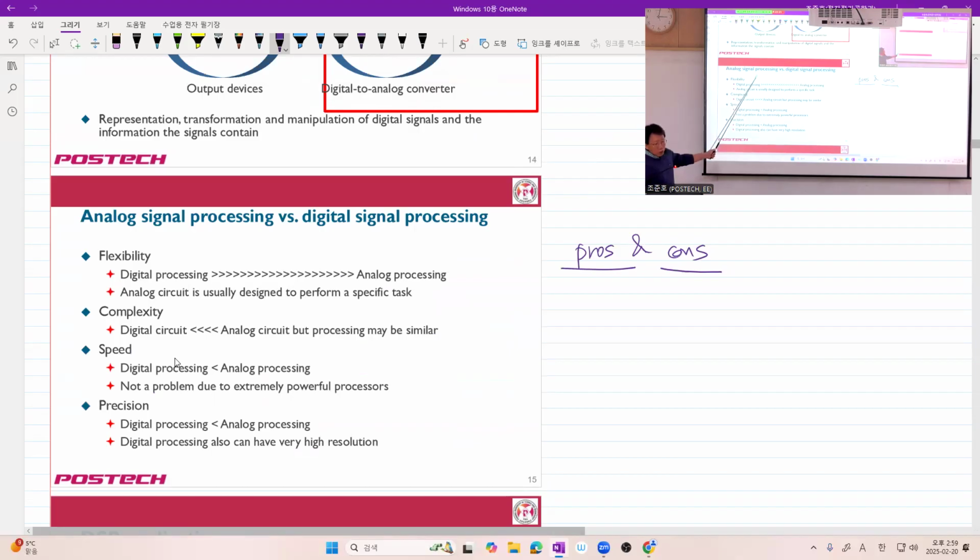The pros of digital signal processing over analog signal processing, or you may say discrete-time signal processing over continuous-time signal processing: these have more flexibility, and you will see what that means, and less complexity in many cases. It may improve the speed, and it may improve the precision in computation, something like that.